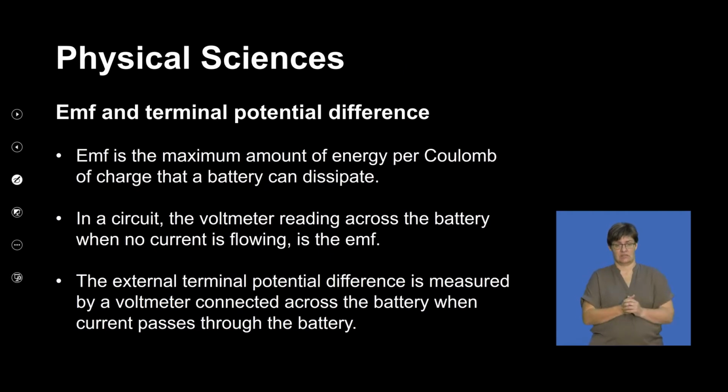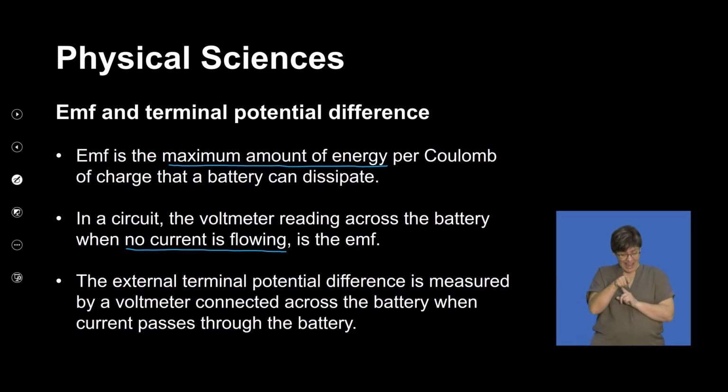Now, the EMF is very important in a simple circuit. The battery provides the EMF, which is the maximum amount of energy per coulomb of charge. EMF is some form of voltage, if you think of it, because it's also measured in volts. If we connect a voltmeter across the battery when there is no current flowing, that reading is the EMF.